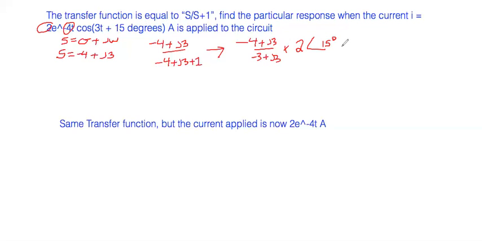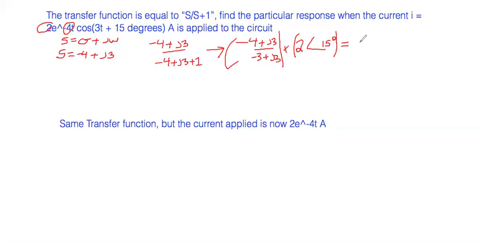So when we multiply this out, this all can go right into a calculator. On my TI Inspire, I put parentheses around the 2 angle 15, and I put parentheses around this negative 4 plus J3 over negative 3 plus J3. Your calculator may vary.